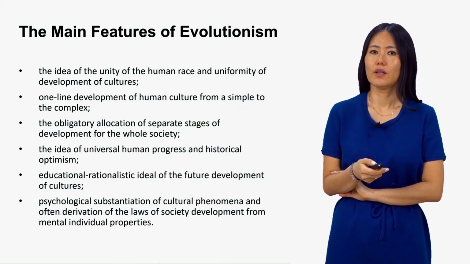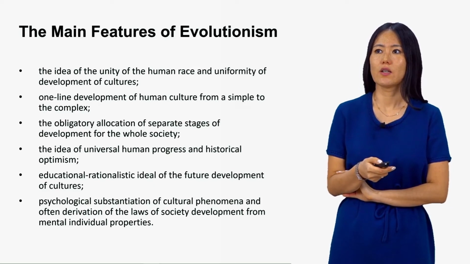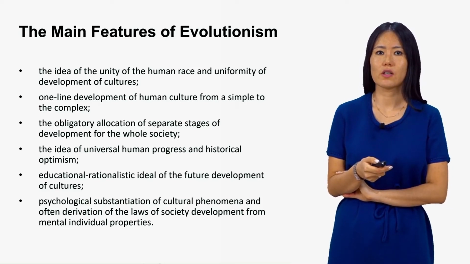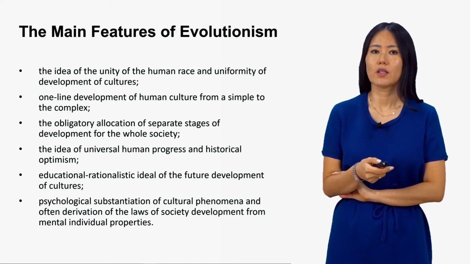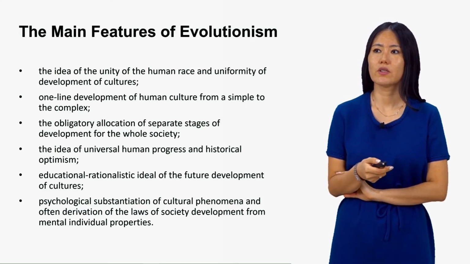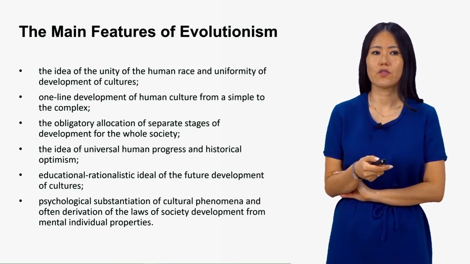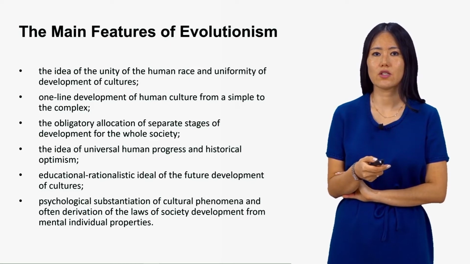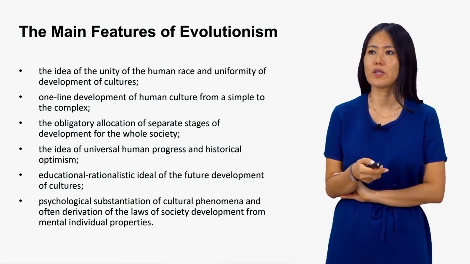And James Fraser was a Scottish social anthropologist, and he was a representative of evolutionism too. Fraser believed that over time culture passed through also three stages, including magic, the stage of religion, and the last stage is the stage of science, scientific reason.